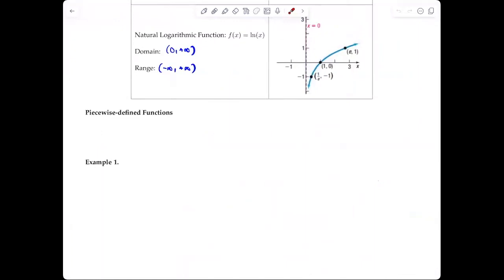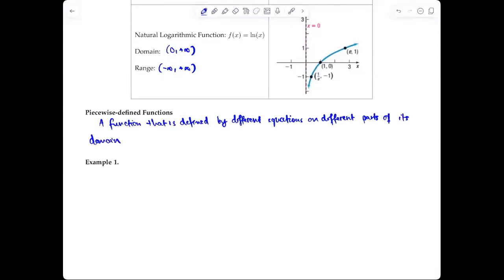A function that is defined by different equations on different parts of its domain is called a piecewise defined function.